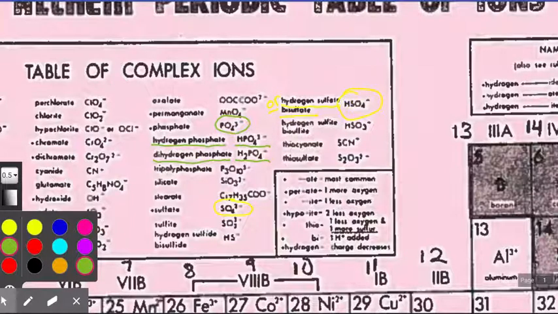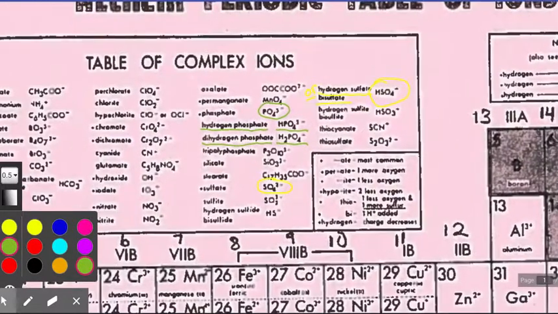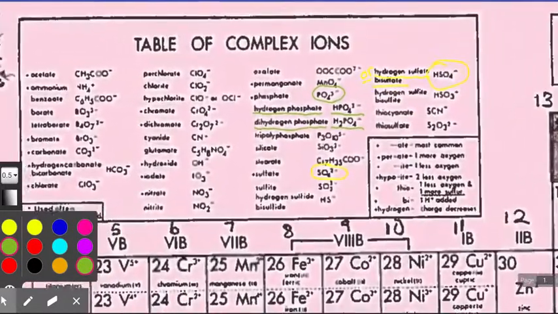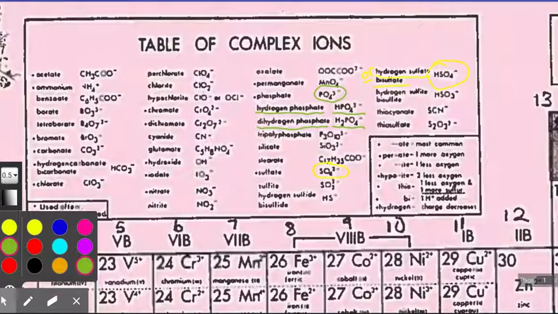Now, these are not the only polyatomics in this table that we have not talked about. So basically, when it comes to our nomenclature, if the formula is in this table of complex ions, it's essentially fair game for you to be able to use in a name. They're all ions. They're all polyatomic.